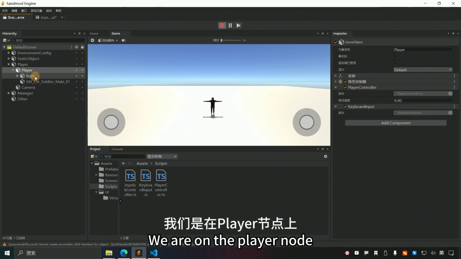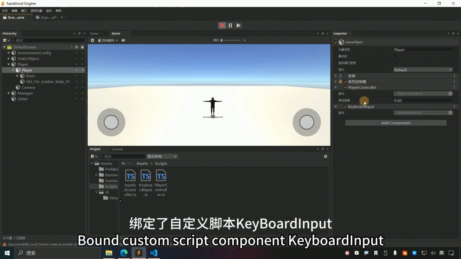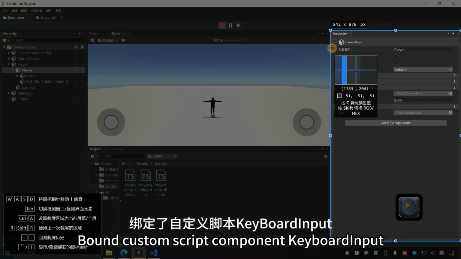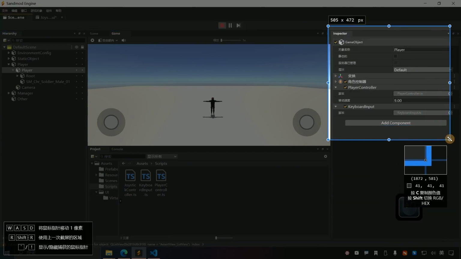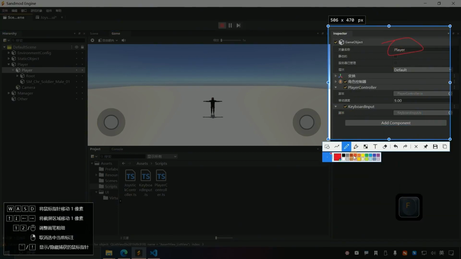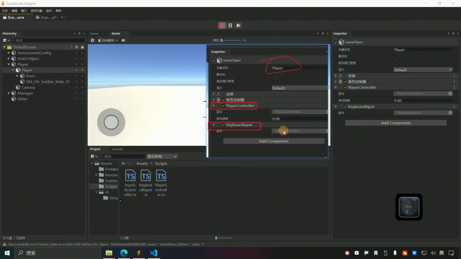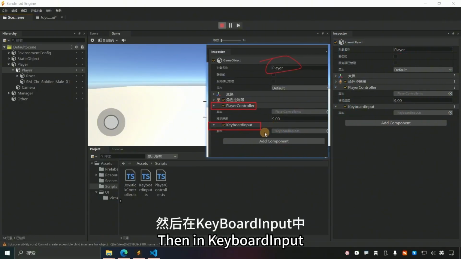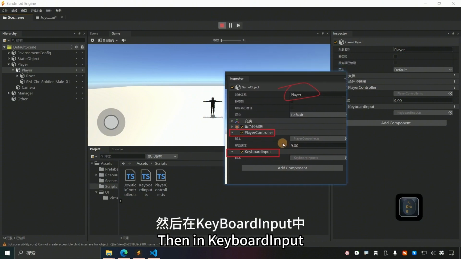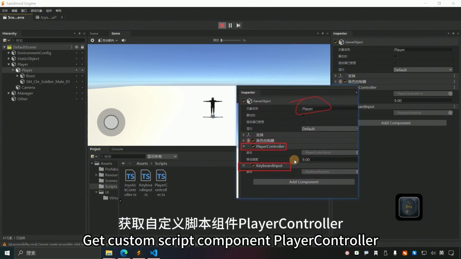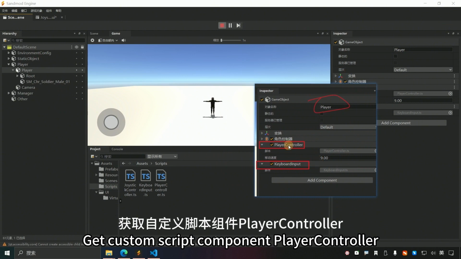We are on the player node. Bind the custom script component keyboard input. Then in keyboard input, get the custom script component player controller.